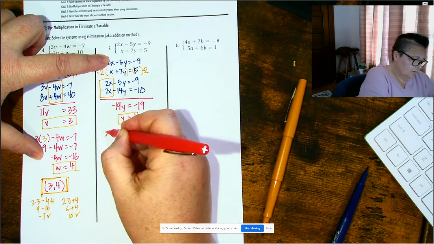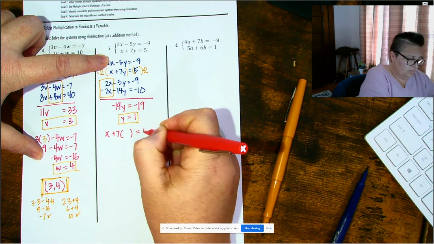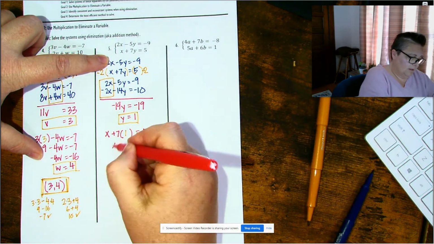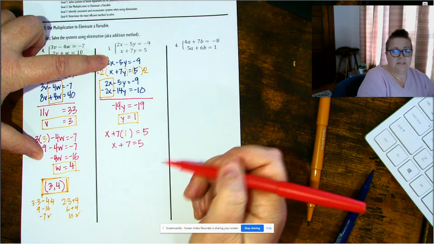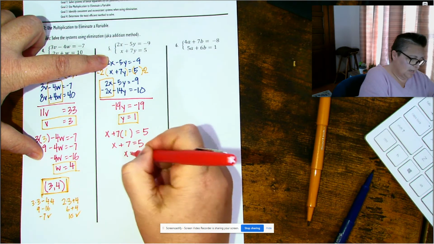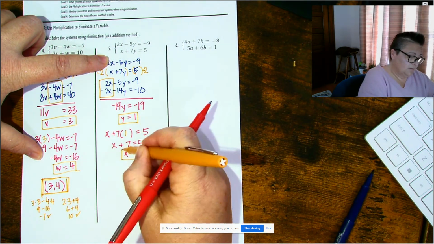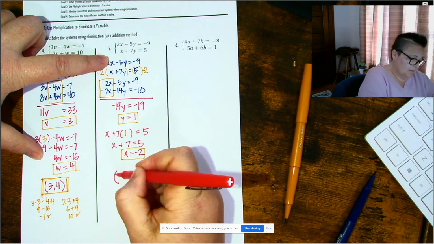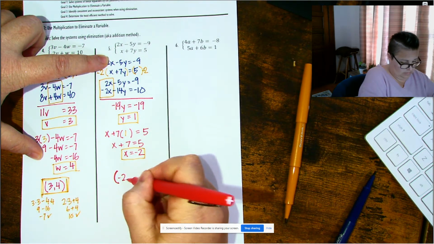That's going to give me x plus 7 times that substitution equal to 5. So I have x plus 7 is equal to 5. Subtracting that 7 from both sides, I get x is equal to a negative 2. This gives me a solution for the second unknown variable. And I think that the solution to the system is a negative 2, 1.